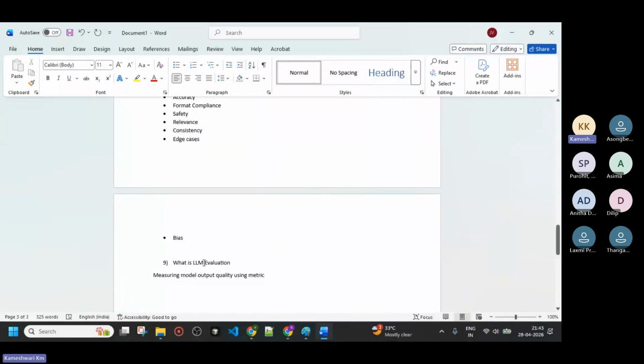We know an LLM is finding the next word, so it will form a sentence and we are going to get an answer. But how are we going to measure whether it is correct or not? By using metrics.